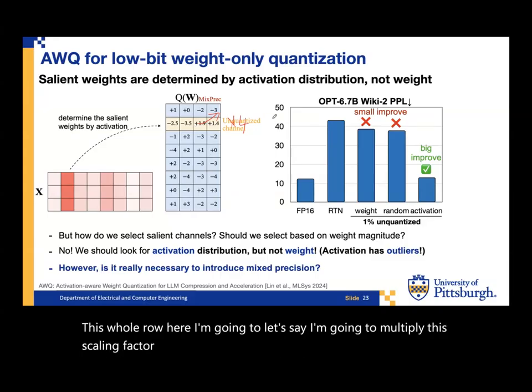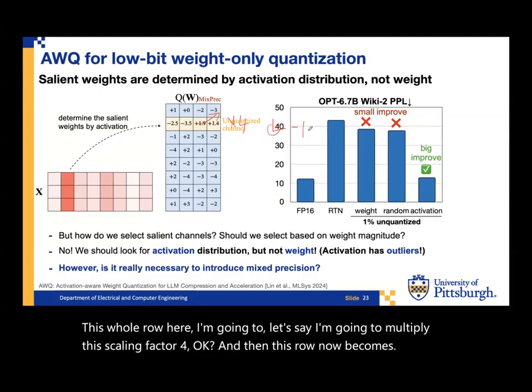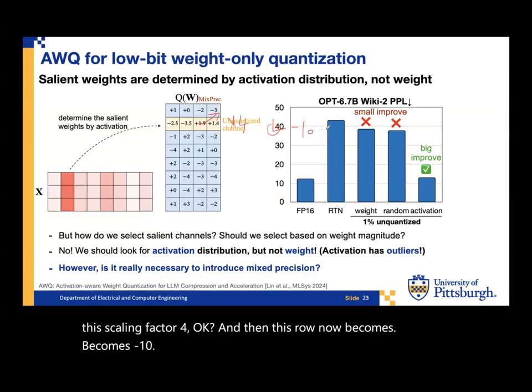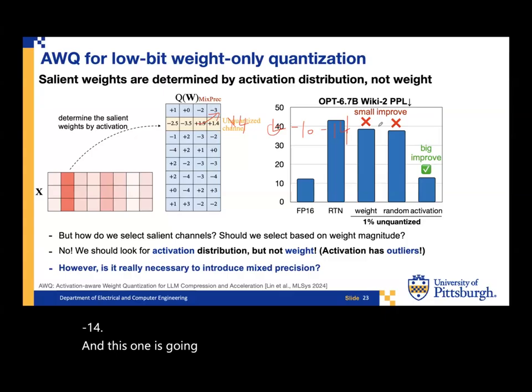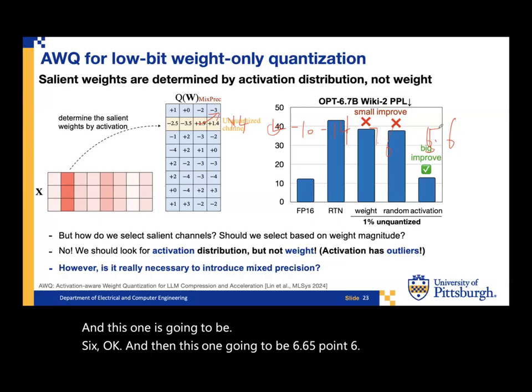And then this row now becomes negative 14. And this one is going to be 7.6. And then this one is going to be 6.6, 5.6. Does that make sense?